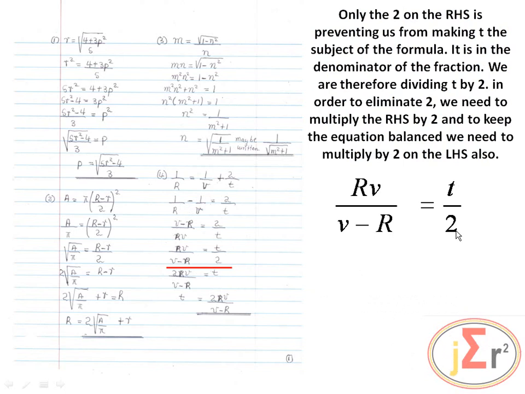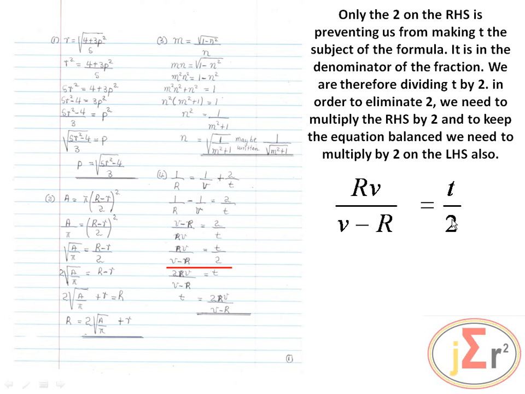Only we have right here this 2 on the right hand side is preventing us from making t the subject of the formula. It is in the denominator of the fraction. We are therefore dividing t by 2. In order to eliminate 2, we need to multiply the right hand side by 2, and to keep the equation balanced, we need to multiply by 2 on the left hand side also.